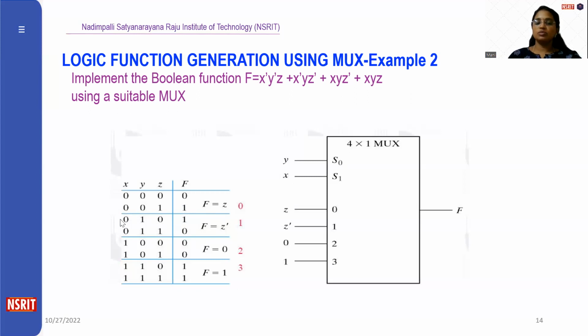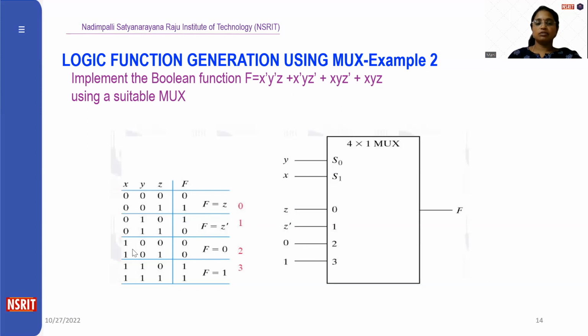So for the 0, 1 case, the multiplexer will select the D1 bit. So whatever the value at z, that will be complemented, so that z bar will be routed to f for the 1 case.